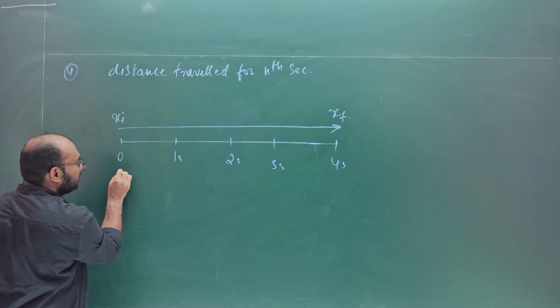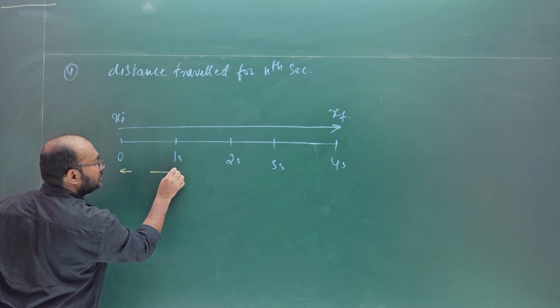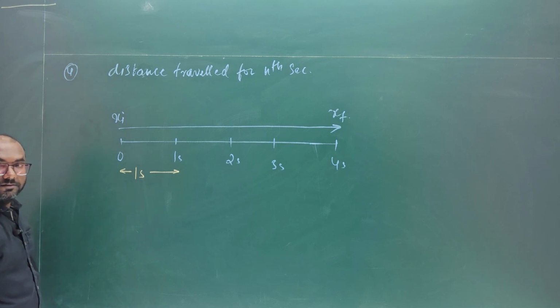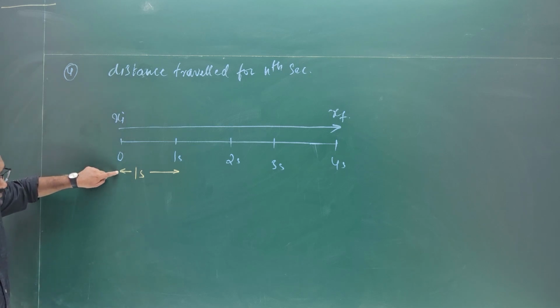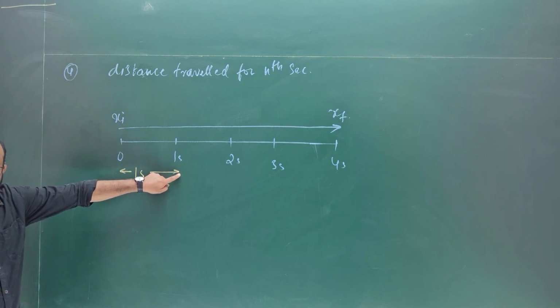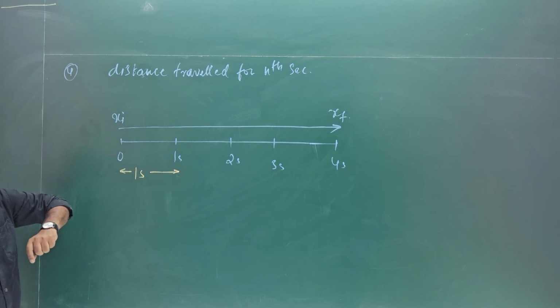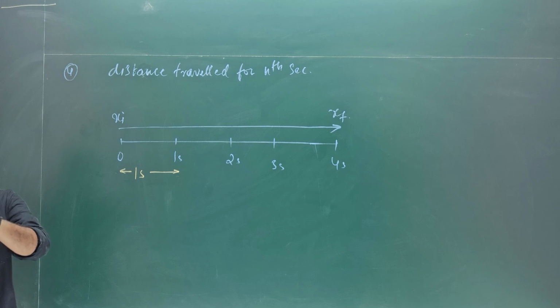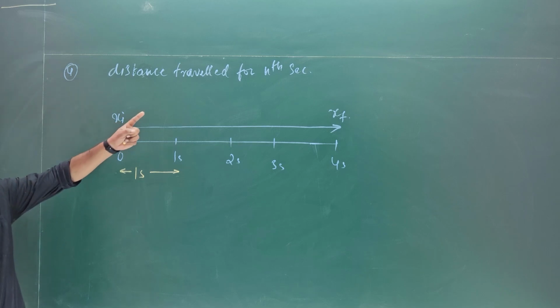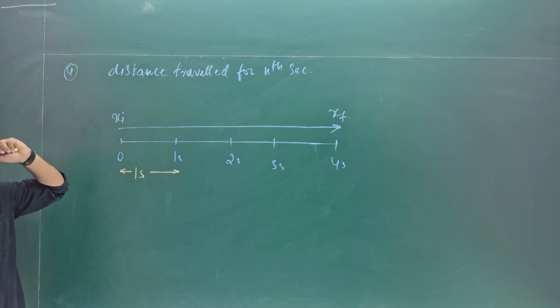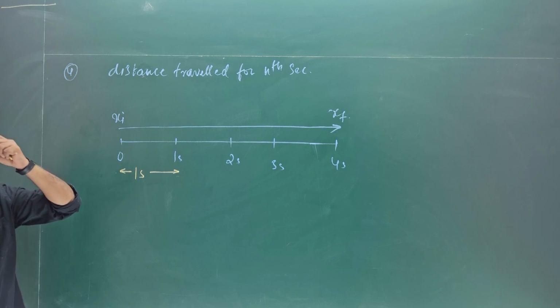That means starting from 0 to 1. If I ask how much the body traveled in the nth second, the word we are using is nth. For example, how much did the body travel in the third second?